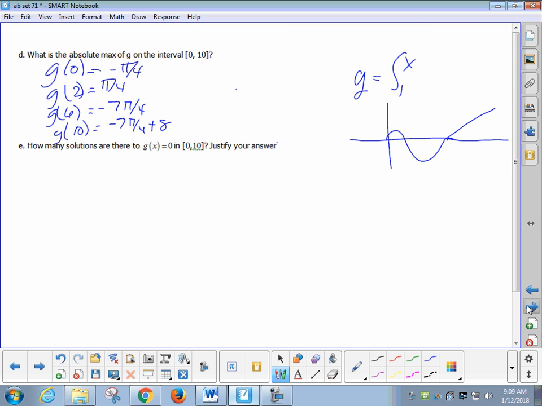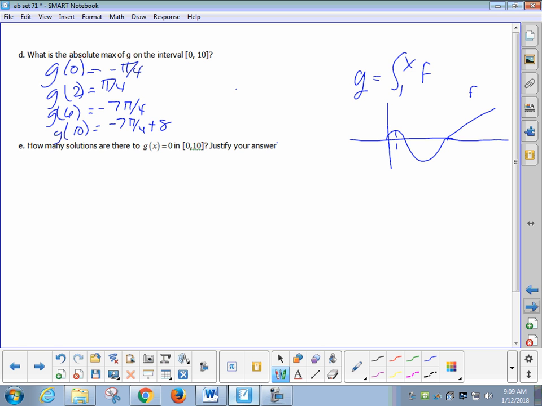It said, how many times does G equal 0? Now, if you looked here and said, well, geez, let's see, I don't know, how many times does the area accumulation equal 0? That's making it really hard, okay? If you're trying to think, well, when would the area accumulation from 1 up to a point be 0? That's difficult. Look here. G went from negative to positive.